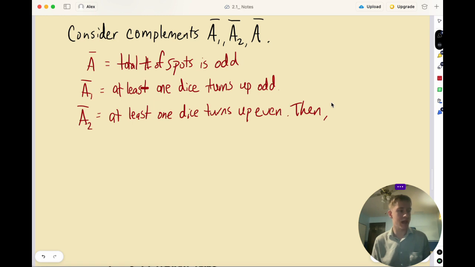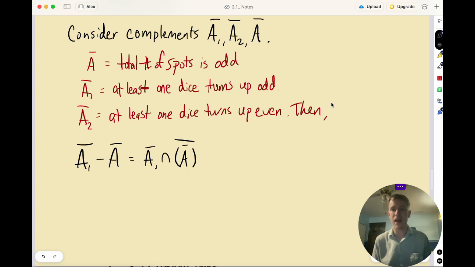Okay, so we have that if I take A1 complement and I subtract off A, what I'm really doing is I'm saying that this is the same thing as A1 complement intersect with the complement of the complement.